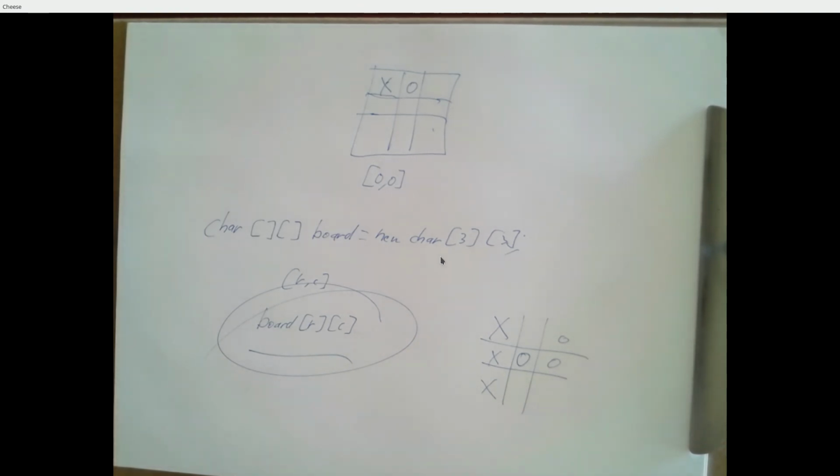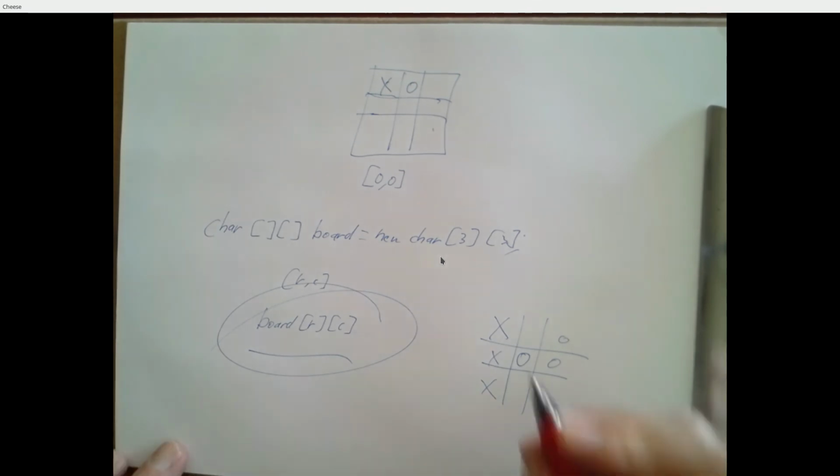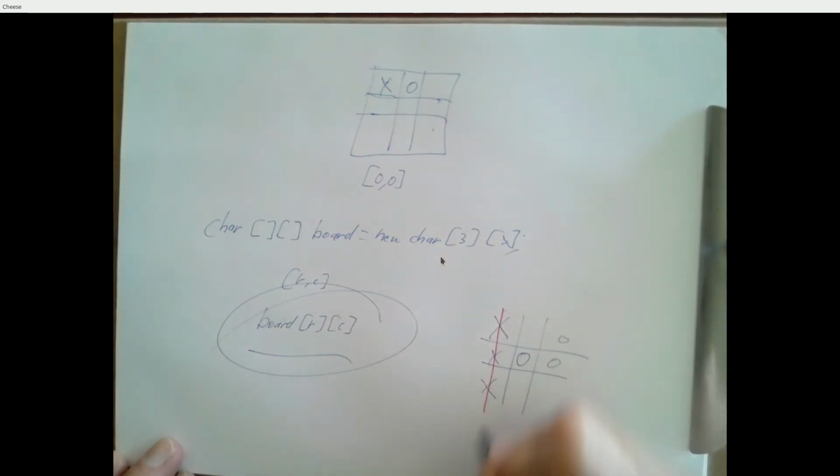So you can check it in the paint method, or every time somebody moves, you can update a state variable that says somebody won, and you can store where that winning line should be drawn, and your paint method can check that flag, and if the flag is set, it can say, okay, I need to draw a line from here to here, and it draws the line.